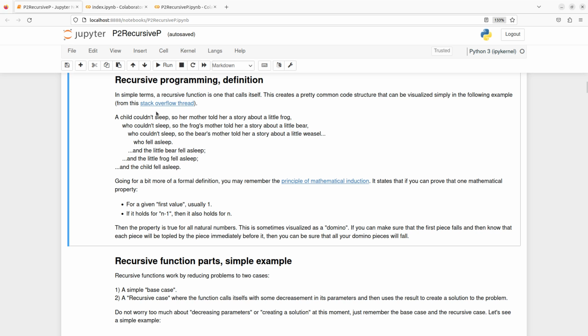This is a structure where we go deep into a series of recursive calls, then reach the base case, and then go back and use the result of the base case to construct the correct answer for the recursive calls. It is going to be our go-to structure for the recursive functions that we will be making.